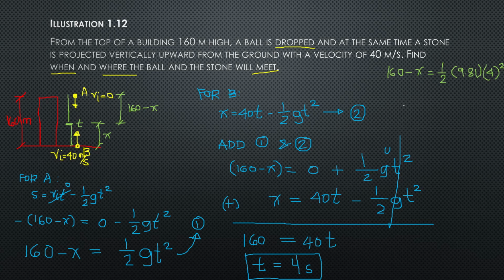So simplifying this, 160 minus x is equivalent to 4 squared multiplied by 9.81 divided by 2, 78.48.